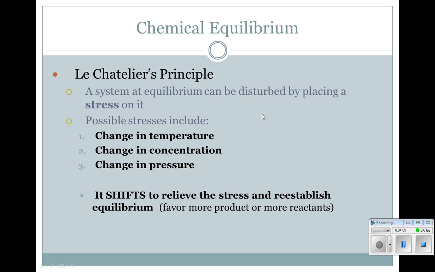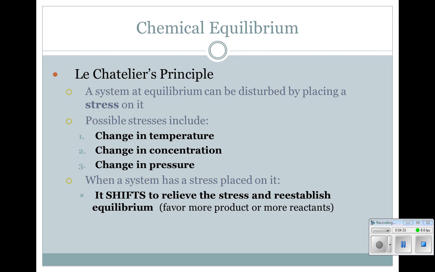Think of a stress how you use it in everyday language. It's something that you would respond to because it's changing or it disrupted your life. Same thing here. The stress is disrupting equilibrium, and so the system is going to change. What we mean by that is we say that the system shifts to either the right or the left.